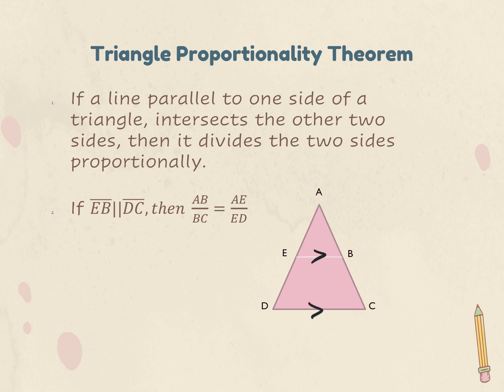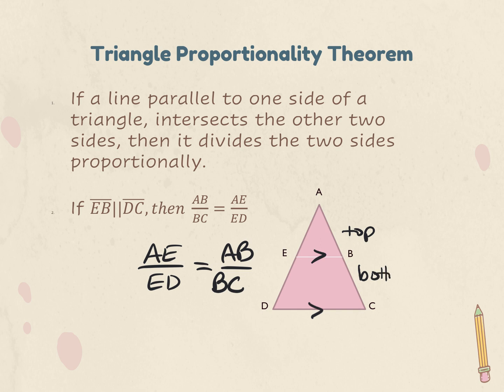Now, if you'd rather put it AE first and then ED, it doesn't matter which side you set it up as. Here, what they've done is they're taking the top piece and putting it over the bottom piece. This is usually the easiest way to set up these proportions.